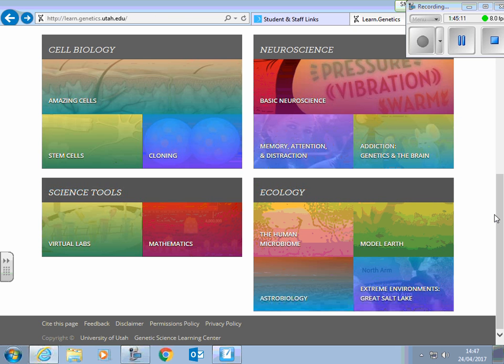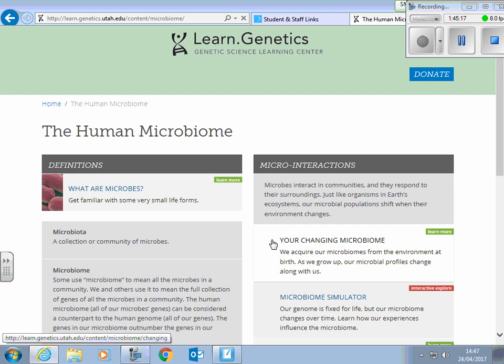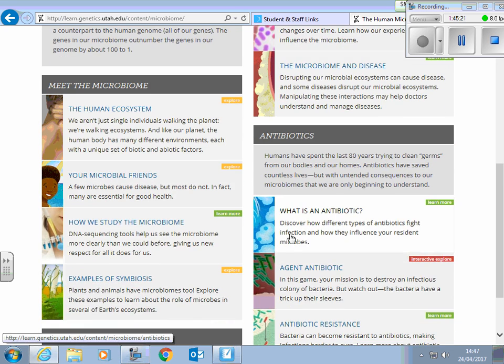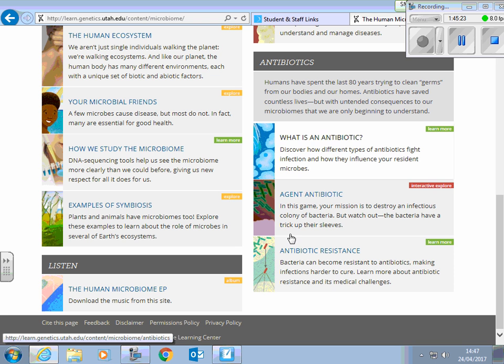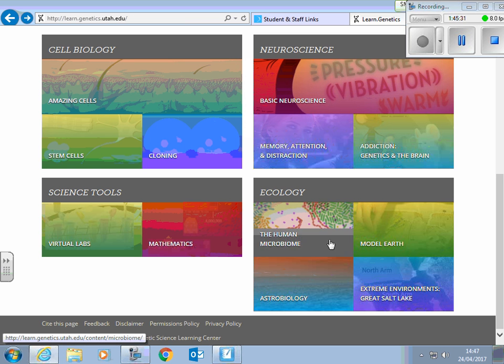And then there's ecological, I'm not sure about the genetics in there. Let's have a look. Microbiome change. Can't see anything immediately genetic in there. But you've got things like antibiotic resistance. So there's a huge amount of stuff actually in there, addiction, genetics in the brain.